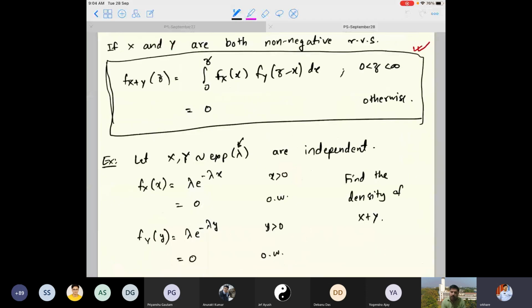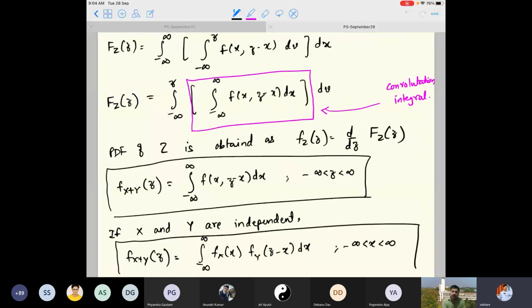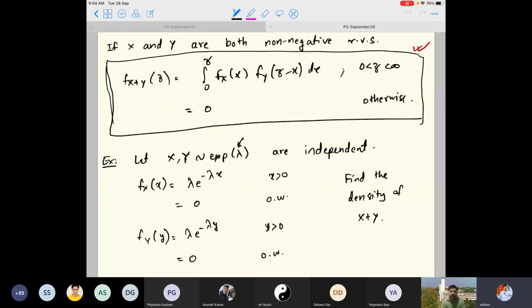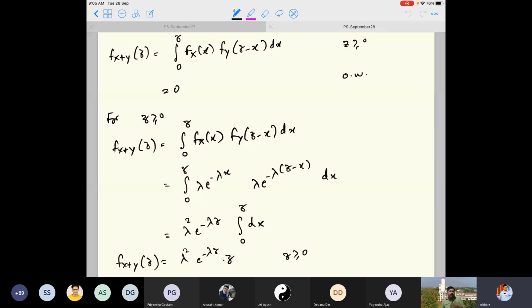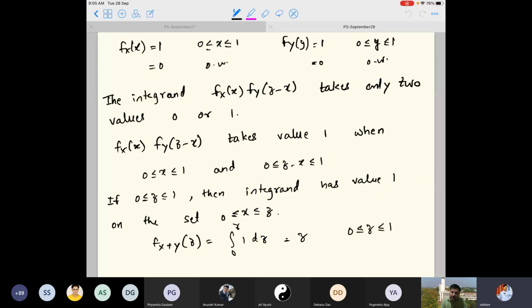Evaluation of this in general is really a very difficult task, even in the case of independence. This difficult task of evaluating the convolution integral we saw is slightly easier when you go to the moment generating function approach.